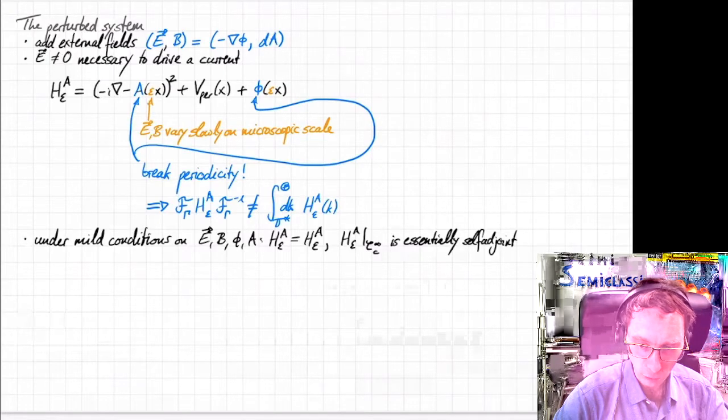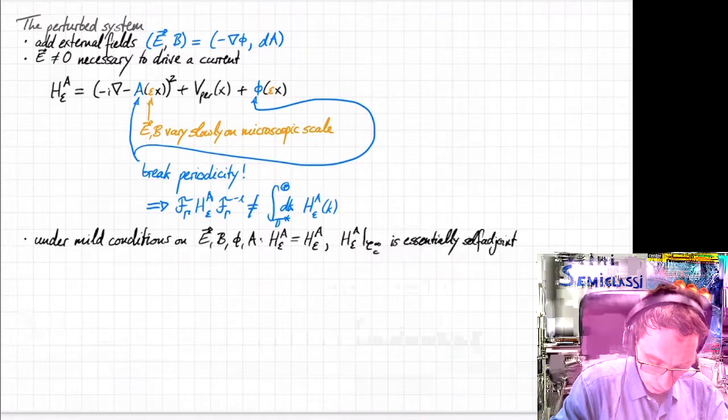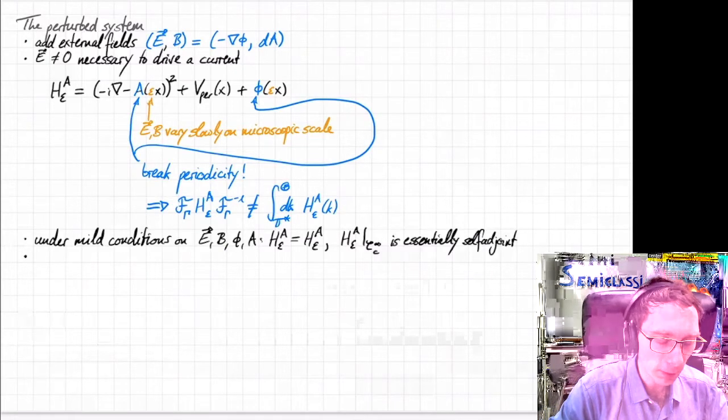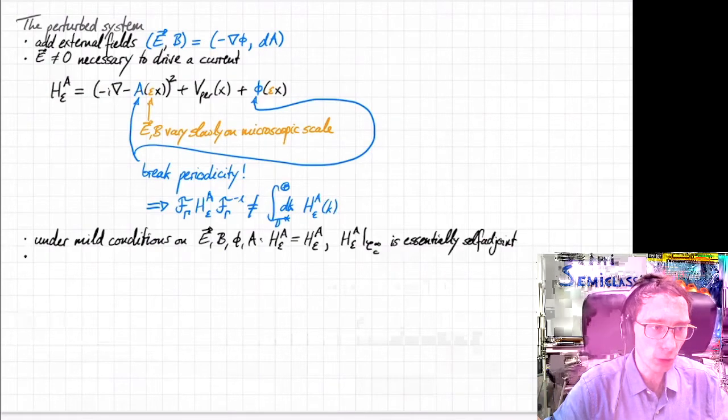But a big question is, in what precise mathematical sense am I dealing with a perturbation here? That's not at all obvious.